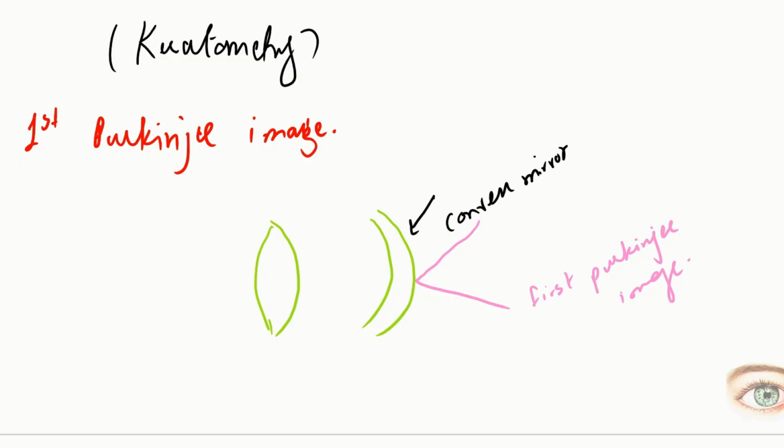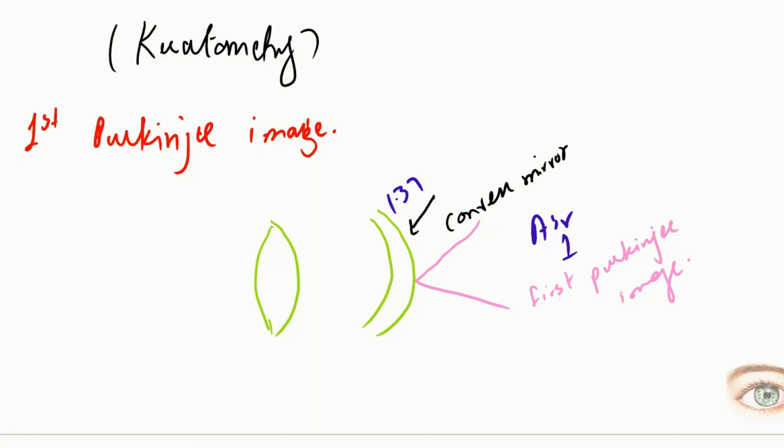The first Purkinje image is the brightest one because there is a big difference in refractive index between the air and the first refracting surface, whose refractive index is 1.37 while that of air is 1. So that's a huge difference.